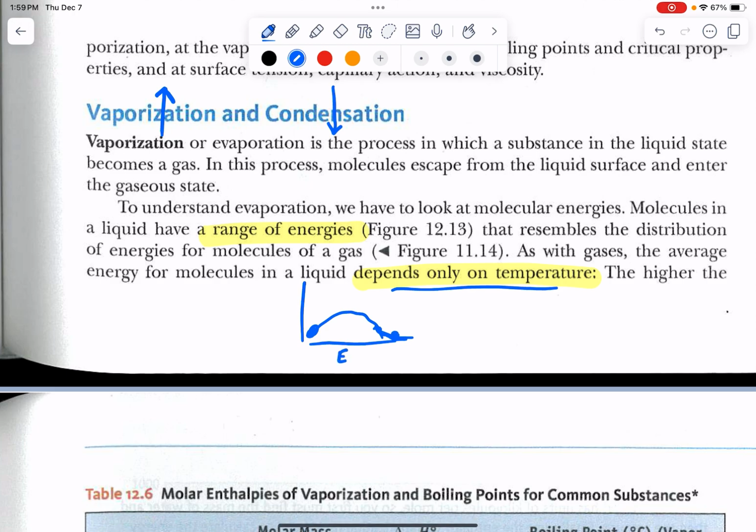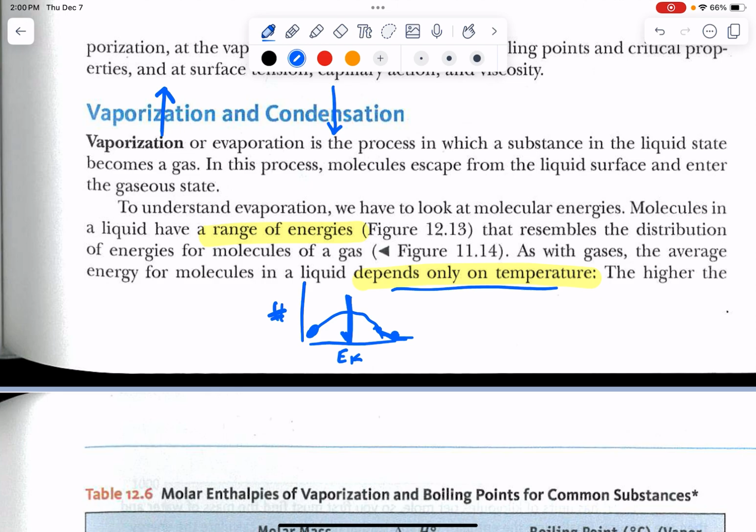We could say that this is the average kinetic energy along the x-axis, and this is the number of particles with those speeds in the liquid, or in the gas for that matter, that have those particular speeds. And you're going to have some maximum value here in the very middle, and you might remember this graph again from earlier in the chapter.